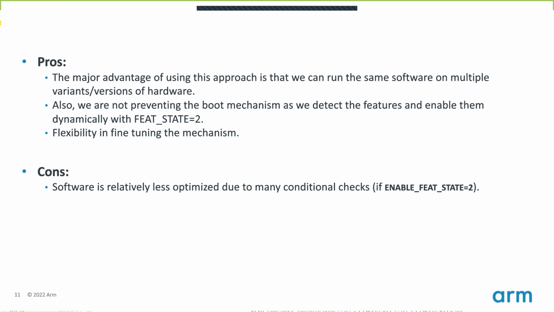If they want more flexibility, meaning the software should decide on its own rather than them deciding it, they can set it to 2, so that the software will decide during runtime and the boot flow will not be stopped. The only cost is that the software will be relatively less optimized due to the more conditional checks during context management and during save or restore routines.